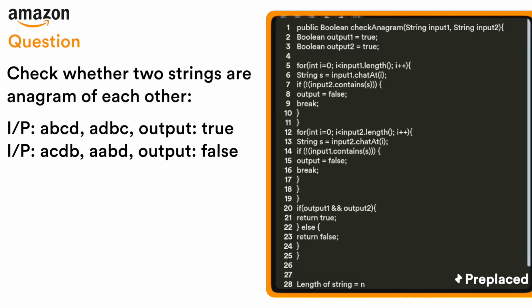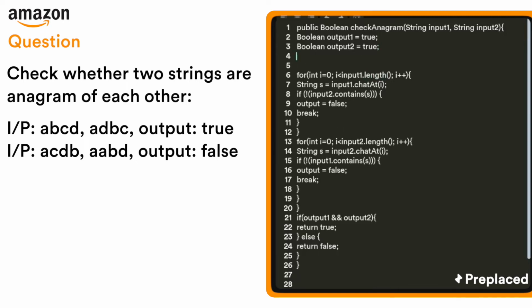What will happen if both of them are null? Should it be an anagram if the user passes an empty string? I mean, if S1 is an empty string and S2 is also an empty string, should it be an anagram? Yes. Okay. So then I will write a condition here.